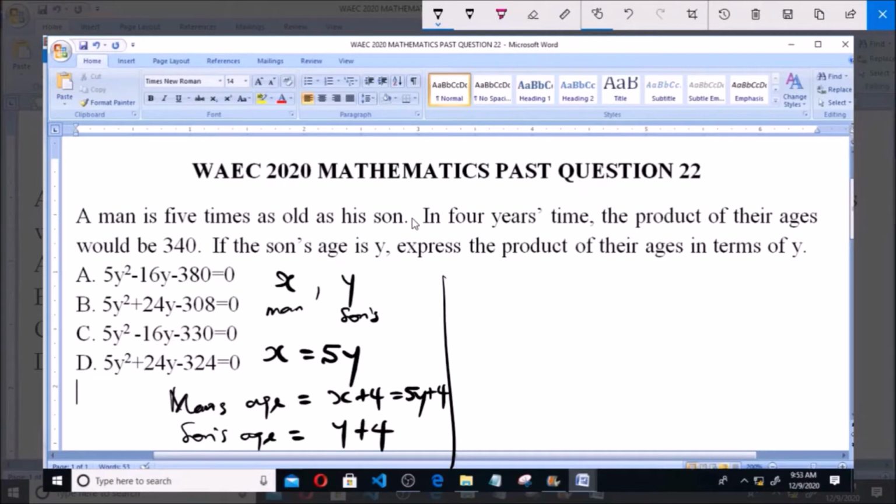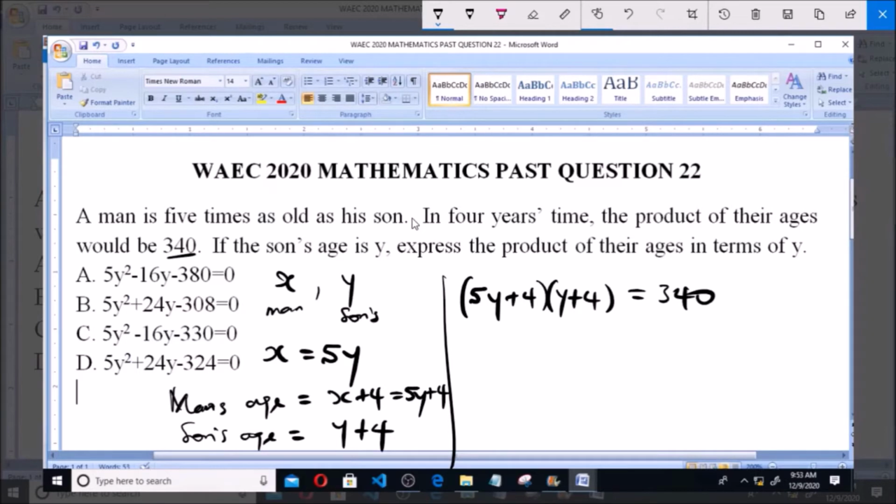Now the product of their ages will be 5y plus 4 into y plus 4, and it's equal to 340, because it's written that in 4 years' time the product of their ages would be 340. So 5y plus 4, which is the man's age in 4 years, multiplied by the son's age in 4 years, which is y plus 4, is equal to 340.